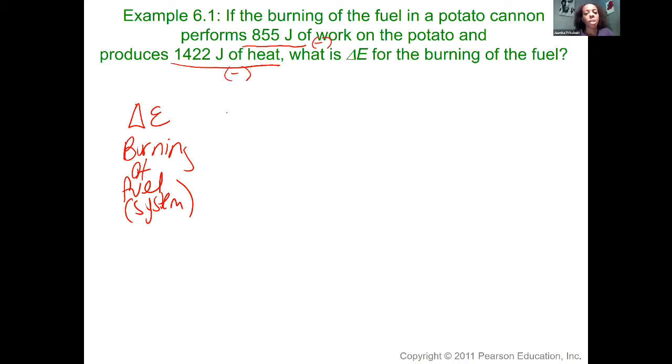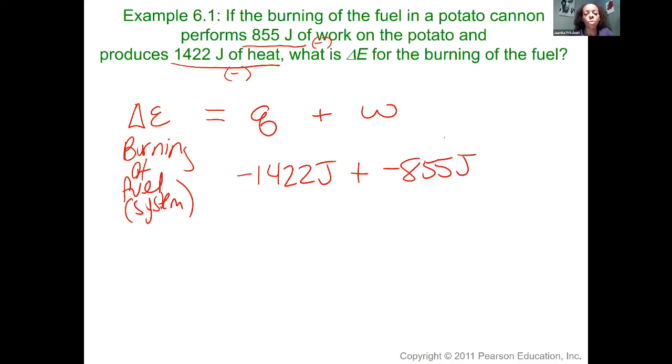So when we're calculating the energy of our system, it's going to be the heat, or the Q, plus the work. But now we have to change the signs. So we would say the heat, which is negative 1422 joules, plus the work, which is negative 855 joules. And then we would add the two together.